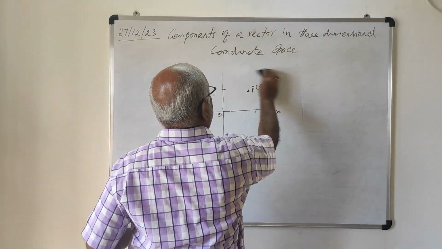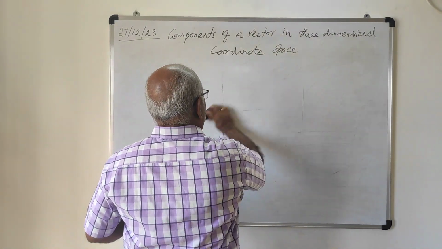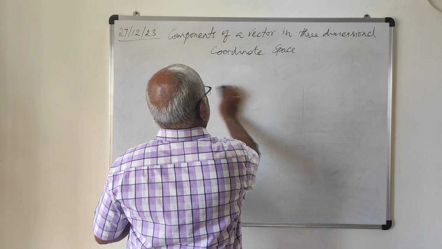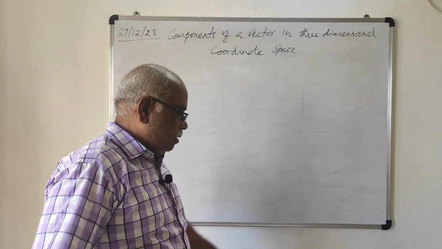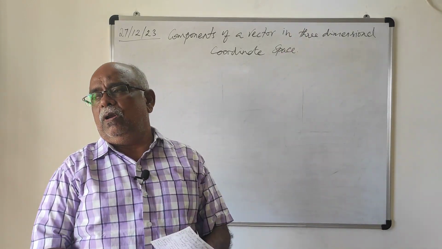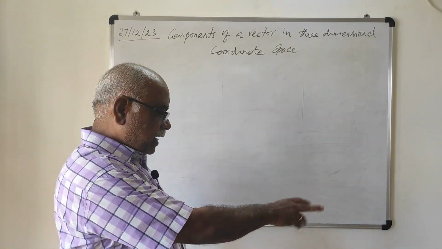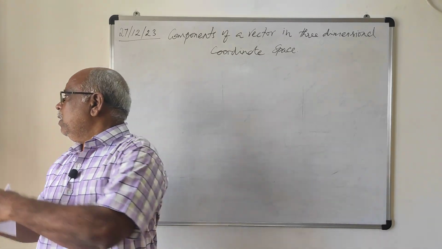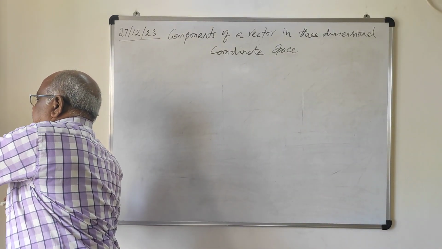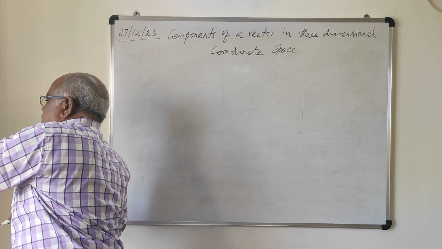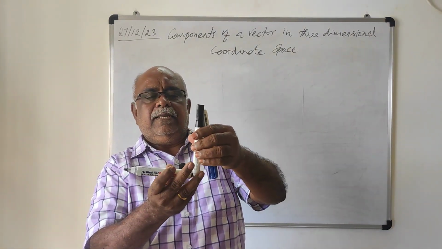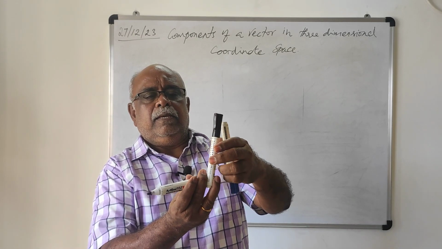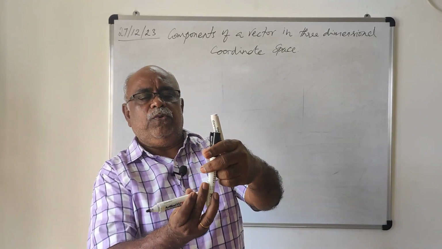Whereas in three dimensions, you can define it only in space. See, x-axis, y-axis, z-axis. The corner of a wall always consists of three axes. For example, you can see this is the x-axis and this is the y-axis. And one more axis you have, mutually perpendicular.